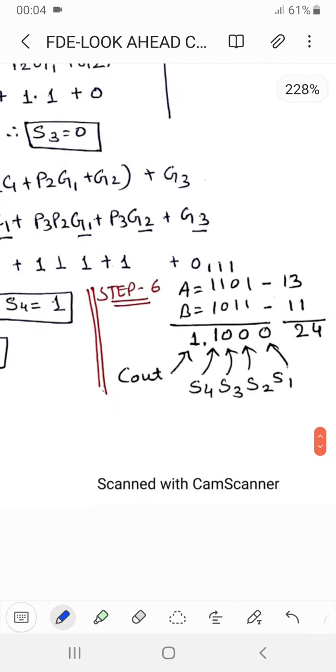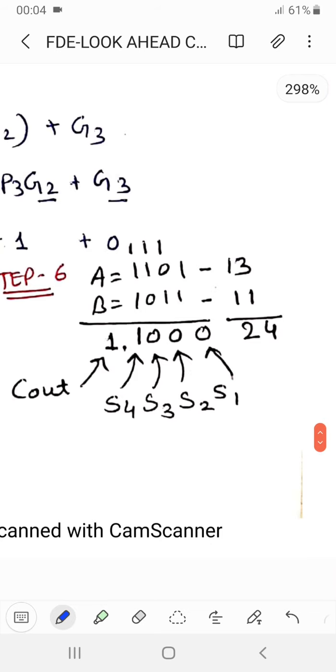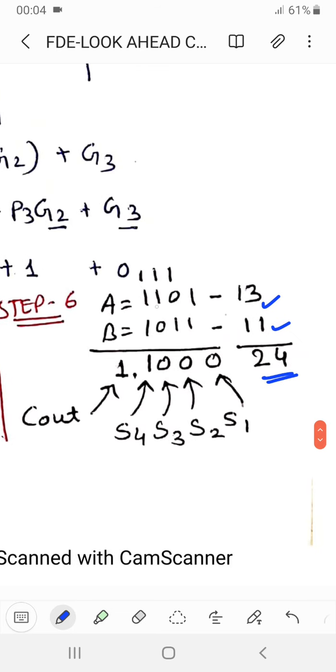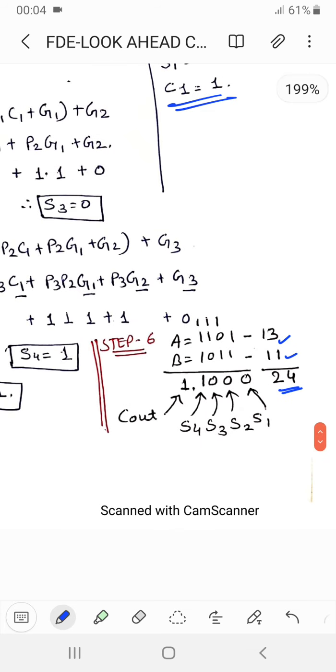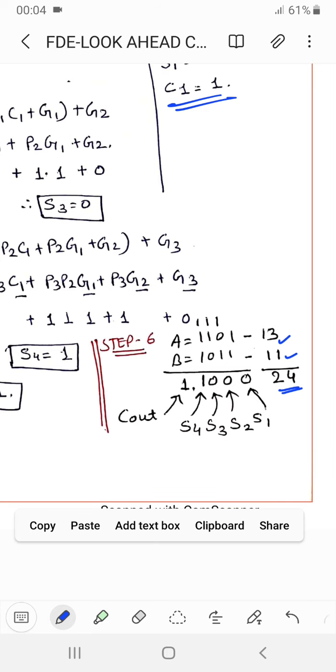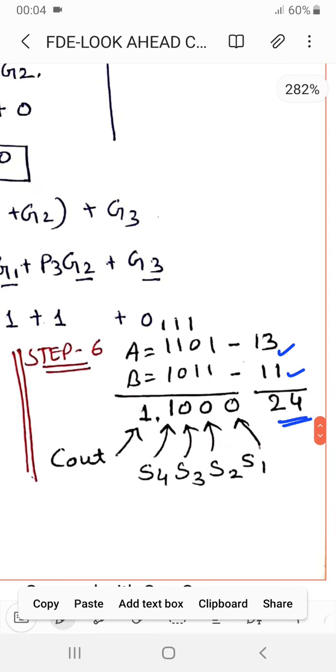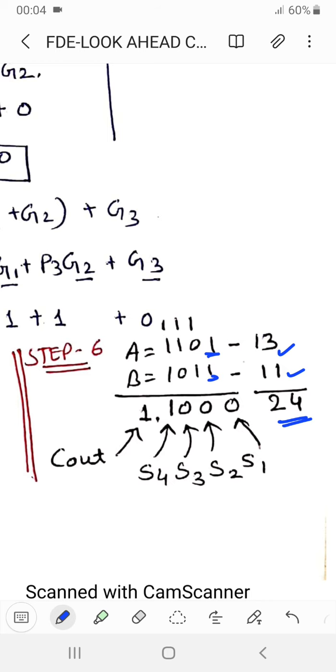We are doing the example of 13 plus 11, and the sum is 24, that we know. So in this particular case your A is 1101 and B is 1011. Okay, so how it will work, we will see. Here your A is 1 and B is 1 as the LSB.